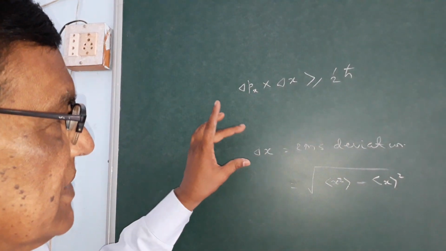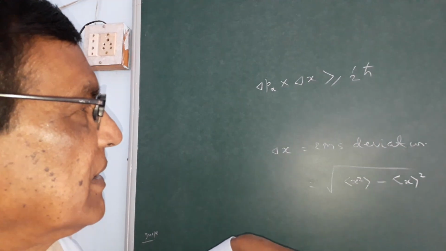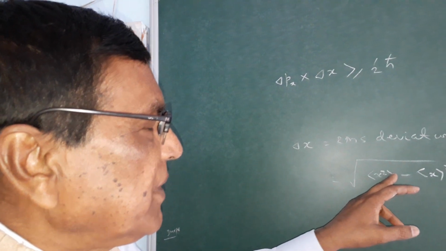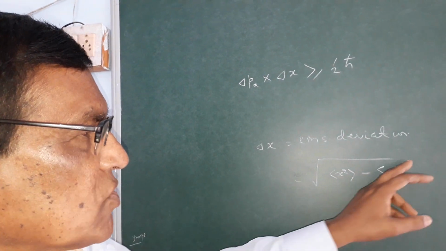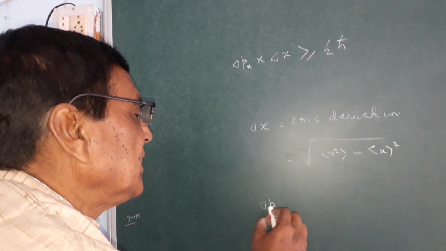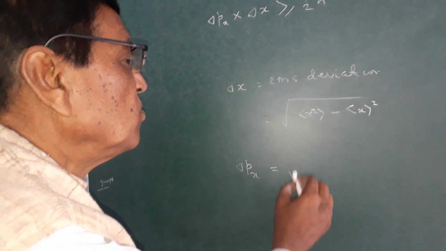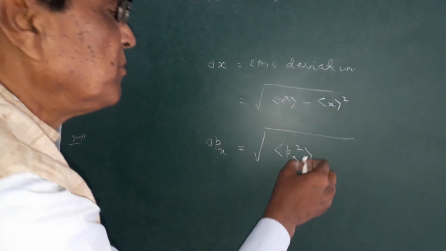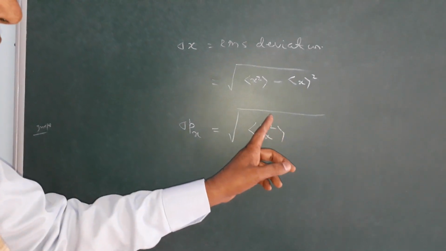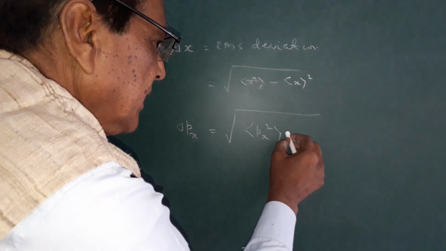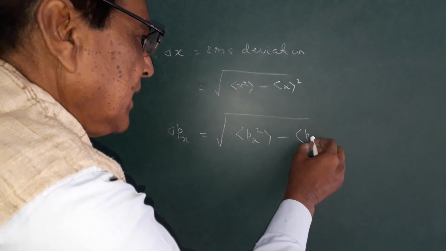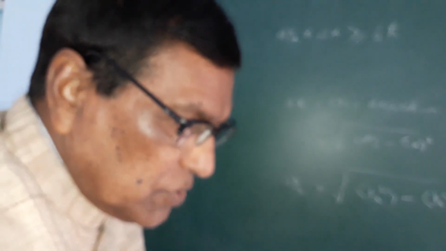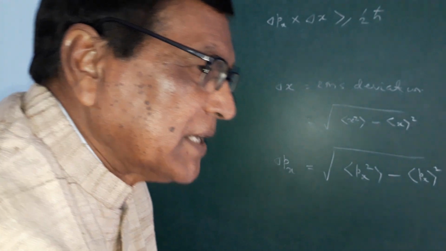This delta x, the uncertainty in position, is calculated as the root mean square deviation, and it is the mean of the square of position minus the square of the mean position. And similarly, delta px is also equal to the root of the mean of the square of the x component momentum minus the square of the mean x component momentum. So this is all about the Heisenberg uncertainty principle.